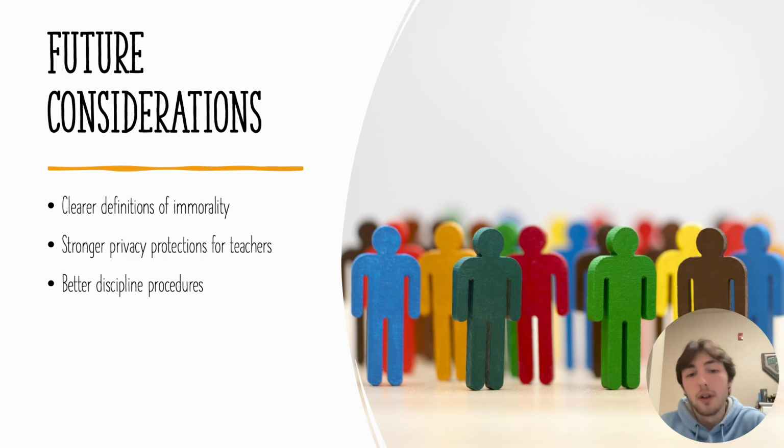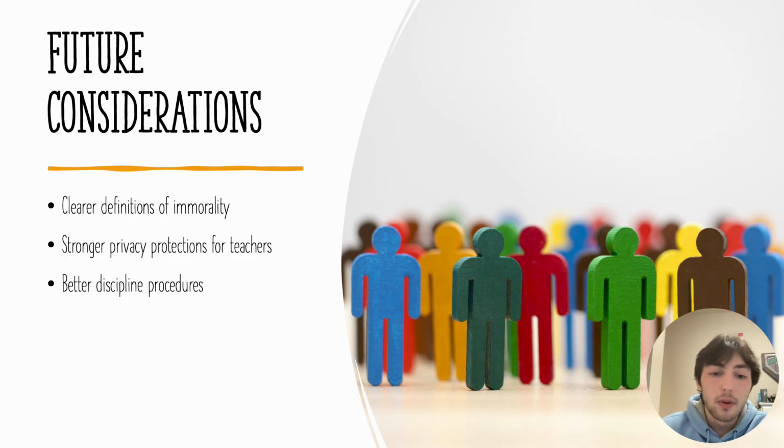So, future considerations, or what should happen in similar situations in the future. Again, I believe there should be clear definitions of immorality, so that we are better able to make those clear objective decisions instead of basing them on the opinions of the school board, right?